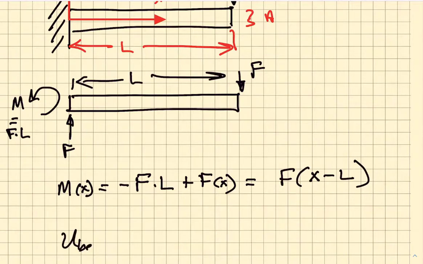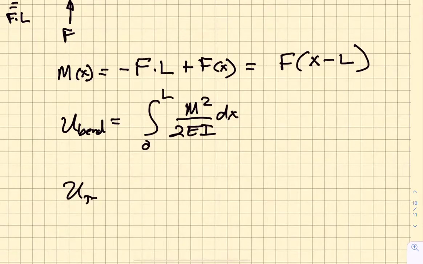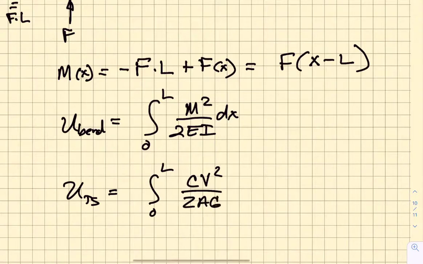I have a bending energy, which is M squared over 2EI integrated along the length of the beam from 0 to L. And I have a transverse shear energy, which we said was the integral from 0 to L of CV squared over 2AG. V is simply equal to F in this case. It is the shear.